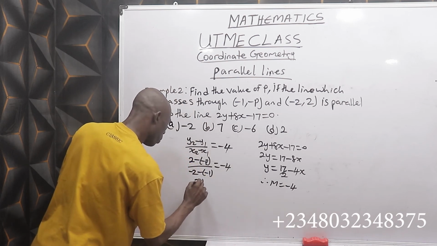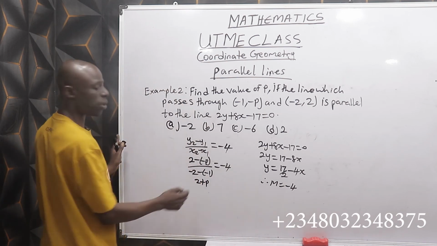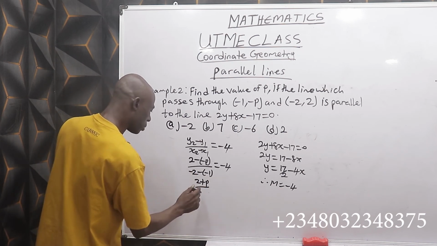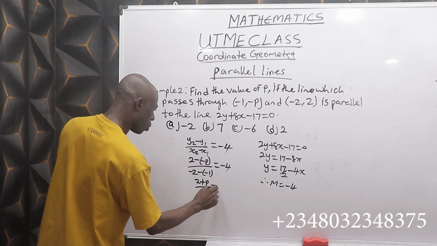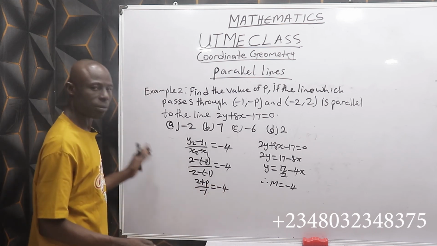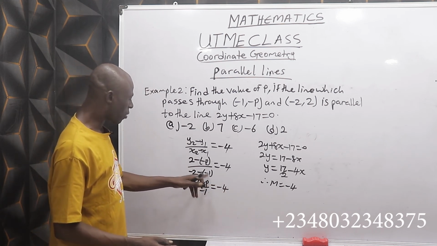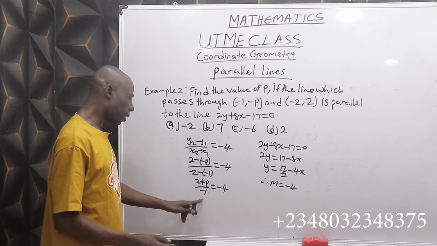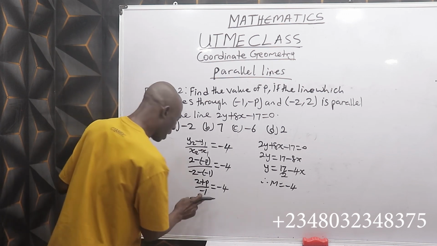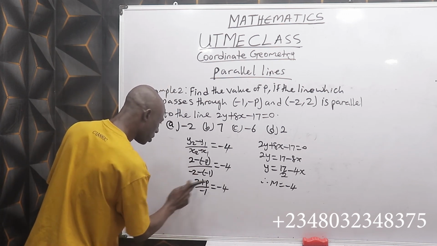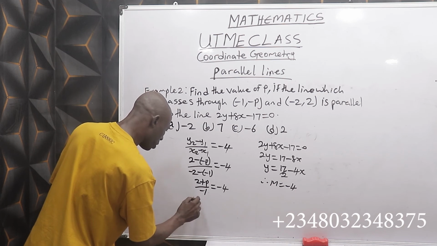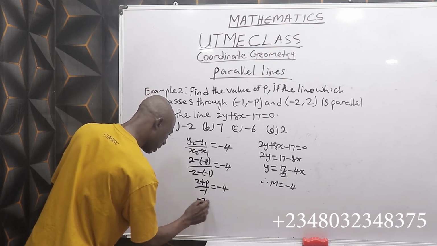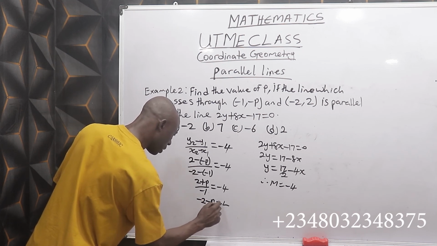So this is 2 plus p, since minus times minus is positive, over minus 2 plus 1, that is minus 1, equals minus 4. I hope you understand what I've done there. I use that negative 1 to divide each of the numerator terms. 2 divided by negative 1 is minus 2. Positive p divided by negative 1 is negative p, equals negative 4.